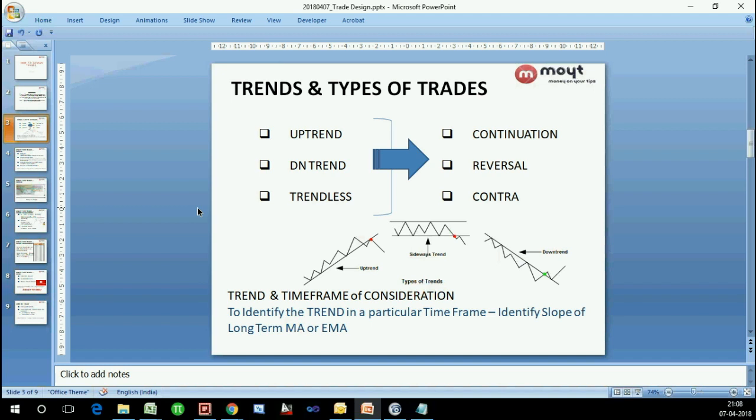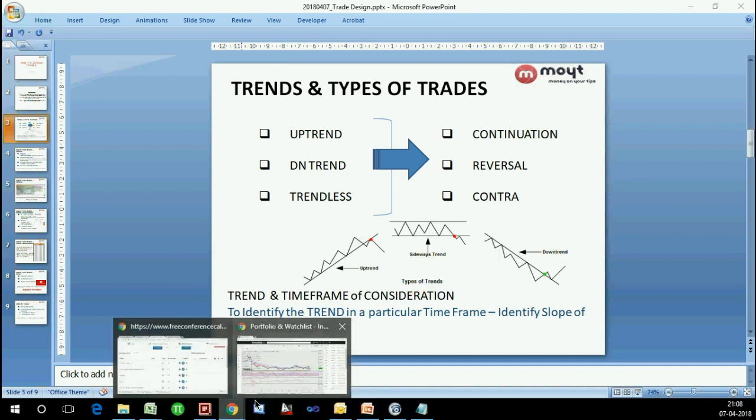We need to understand whether the prices are moving up every day, or they're moving down. So we need to identify what the trend is. Is it an uptrend, a downtrend, or is it trendless, right? So there are basically three types of trends.